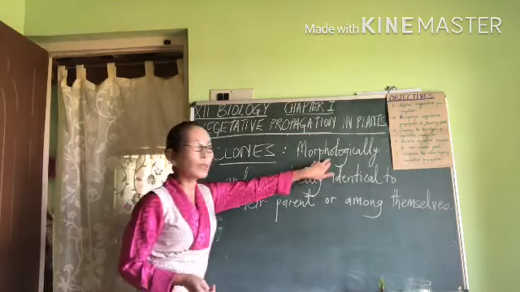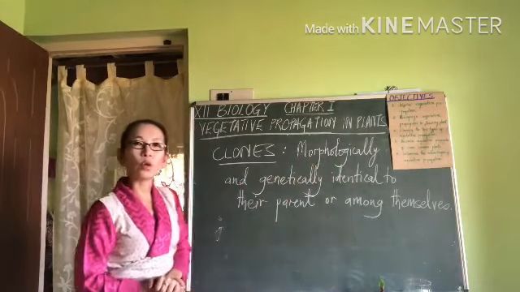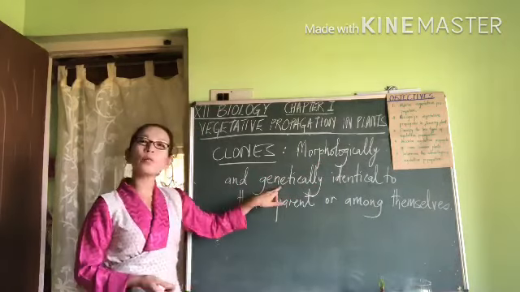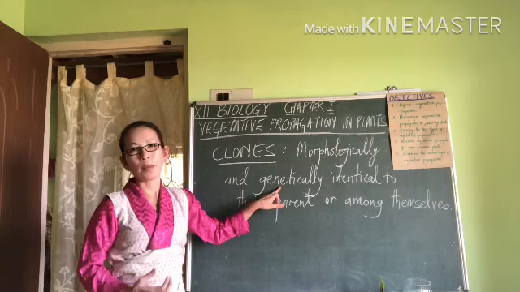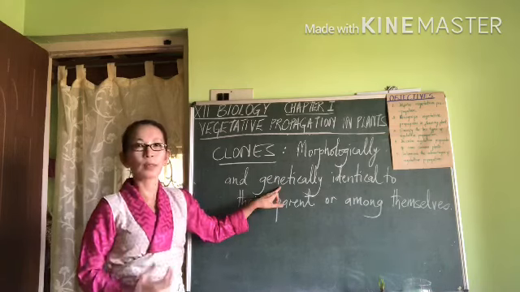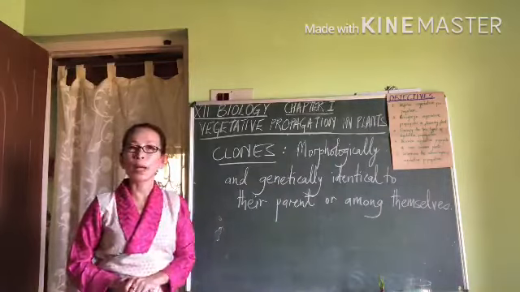Now, morphologically, in the sense, physically, they have the same kind of structure or appearance. And genetically, which means to say they have the exact copy of their parental DNA. Nothing has changed. It is the same DNA which they have received from the parent plant.